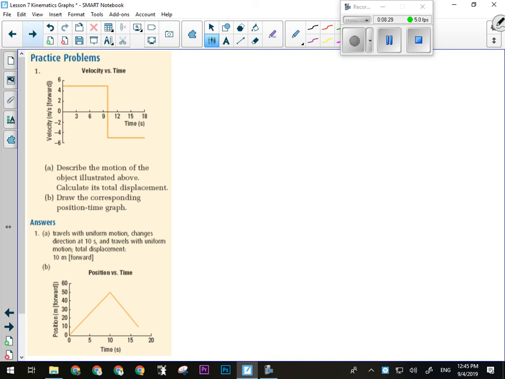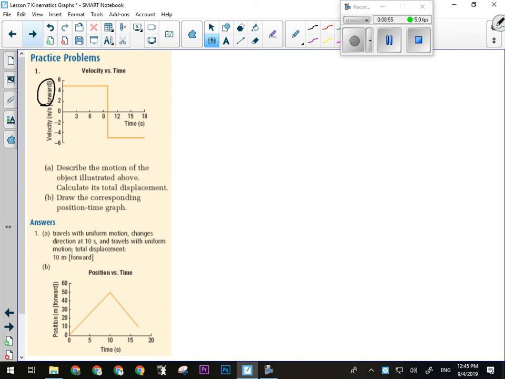Okay, and then this would be our velocity versus time graph. If I have this velocity versus time graph, what's the object doing here in the flat part? A constant velocity of 5 meters per second forward. Remember, anytime you say constant velocity, you need to put a direction on that because velocity is a vector.